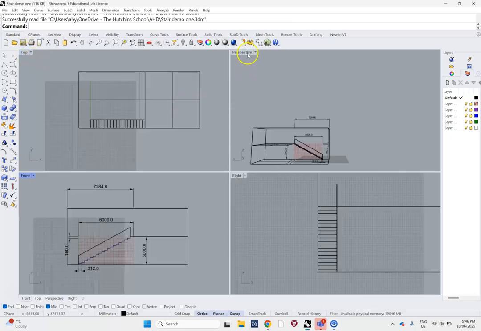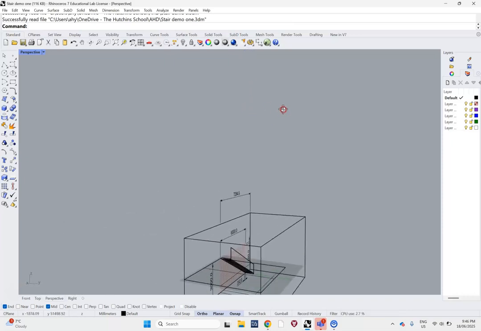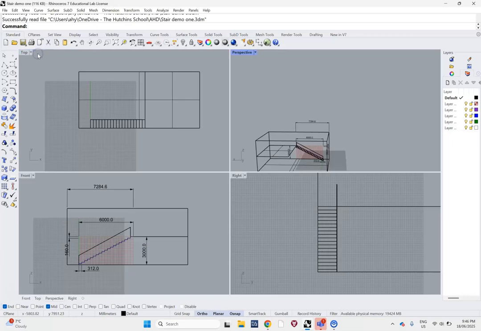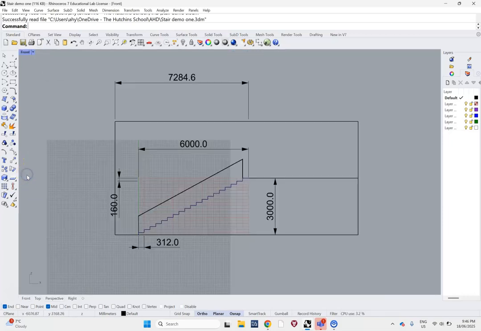If I go into perspective, you can see how it might look like this. This surface here represents a mezzanine floor, and that's the run of stairs that I've got attached to one wall. Okay, so I'm going to go back to the other view, what I call the front view port, and I'll explain to you how I work these out.